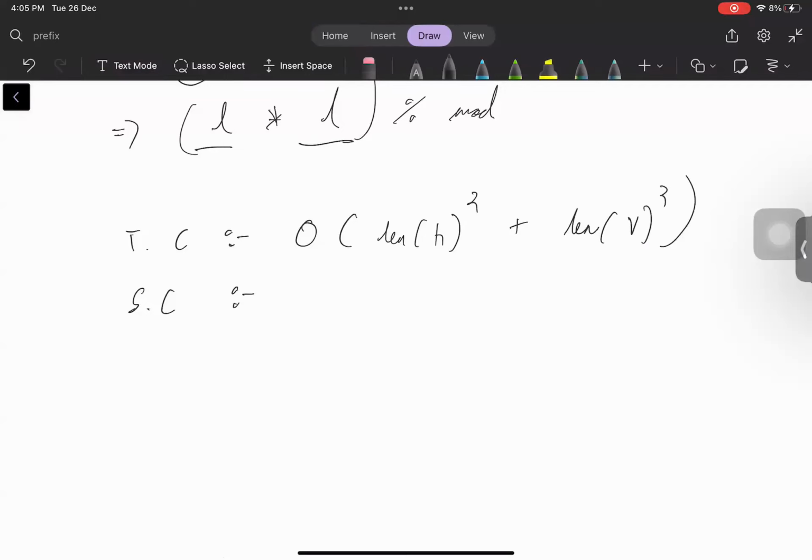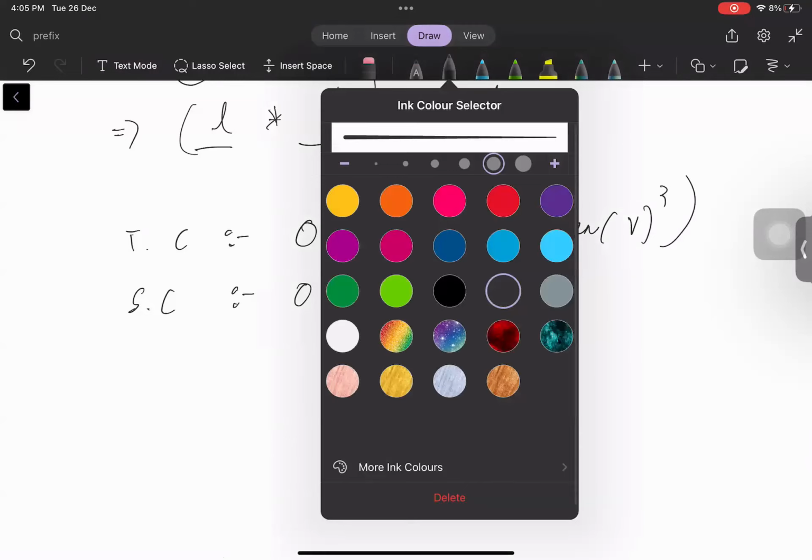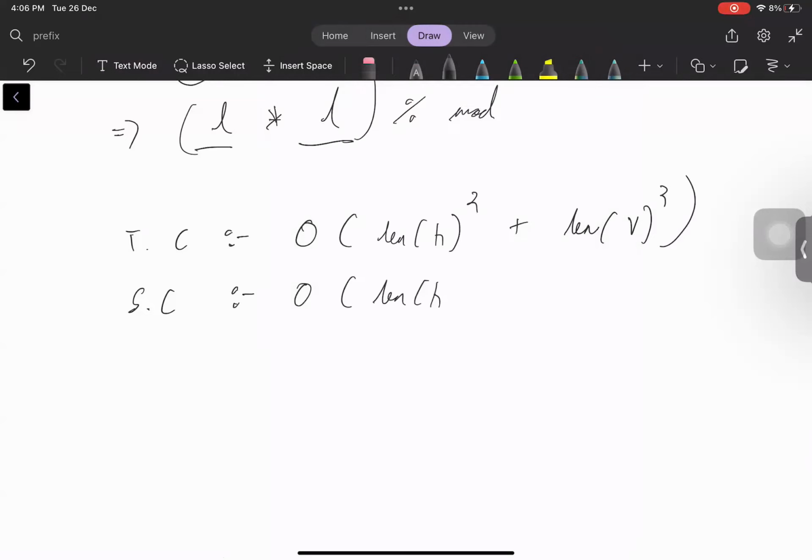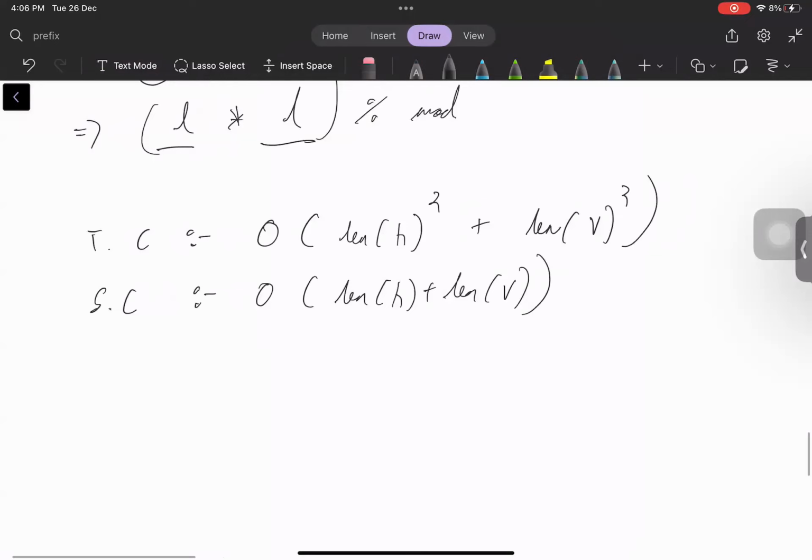So this will be the time complexity. And if you look at the space, we can implement this with a space of big O of length of horizontals plus length of verticals. And it's even possible to optimize the space further, but this is sufficient for the given constraint. So this is sufficient enough to pass in the given TL.